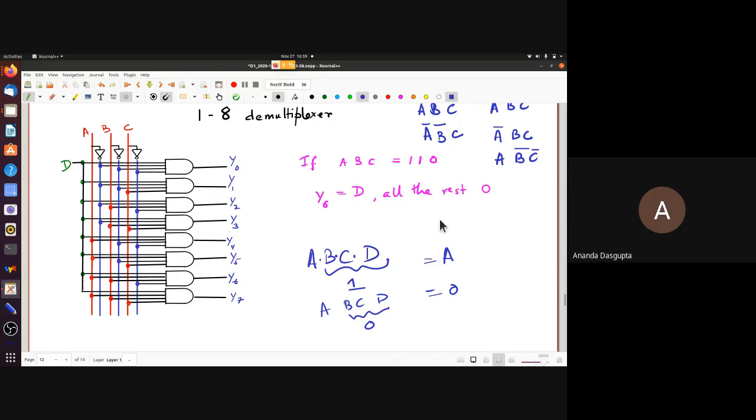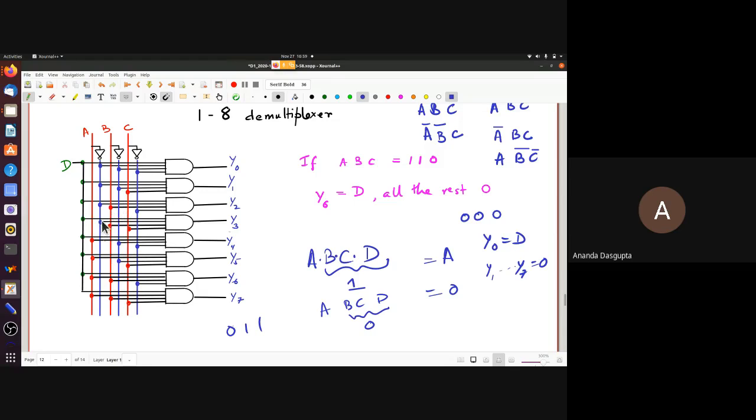So if A, B, C are 0, 0, 0, then all of these are 1. So the output for this is going to be Y0. Y0 is going to be just D. And all the others you can easily check: Y1 through Y7 will be 0. If on the other hand you give, say, 0, 1, 1, you can easily check what will happen.